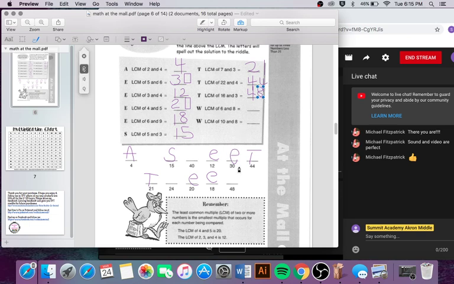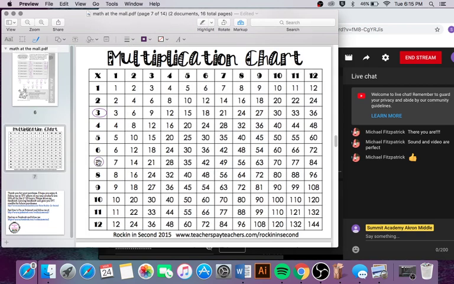Okay, so down here 48 is also going to be T. Alright, our next one is 6 and 8. This one we can look up.